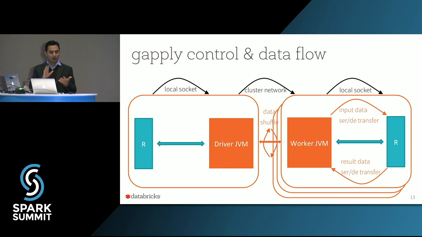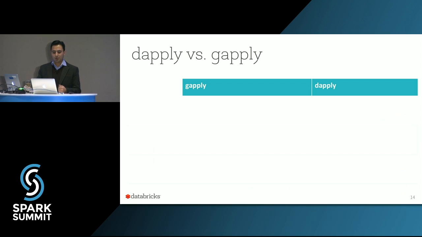Okay, so now we know the semantics of each of these calls, and we know what happens under the hood when the user calls them. And so far it's good, except that I have seen people by mistake use dapply and gapply instead of each other. And that is a common problem, so it helps to clarify the differences.